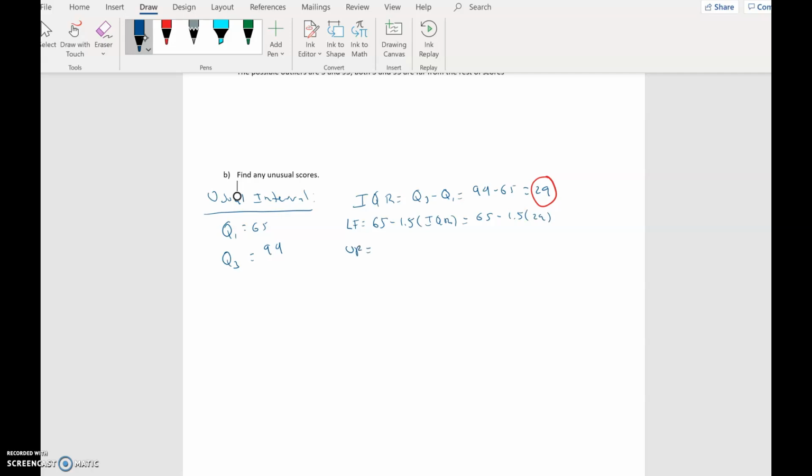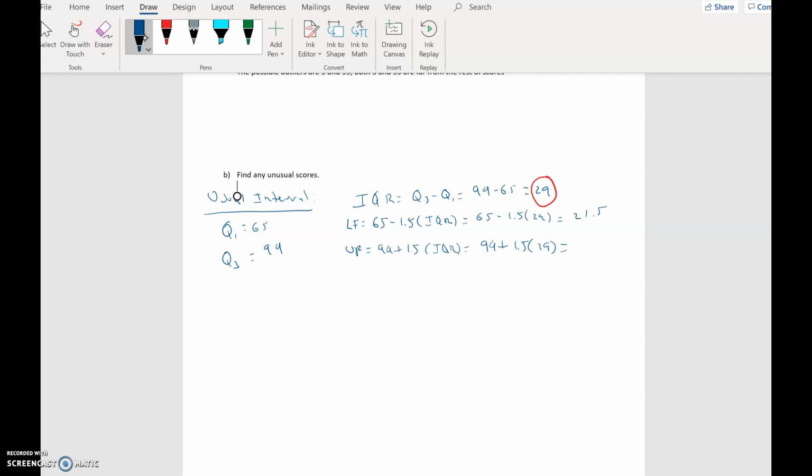The upper fence is equal to 94 plus 1.5 times the IQR. So this is equal to 94 plus 1.5 times 29. Let me punch it in so we can compare answers.